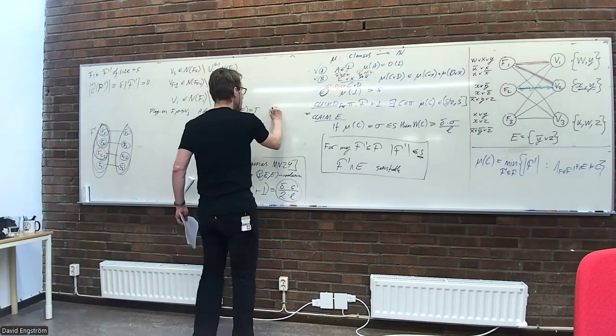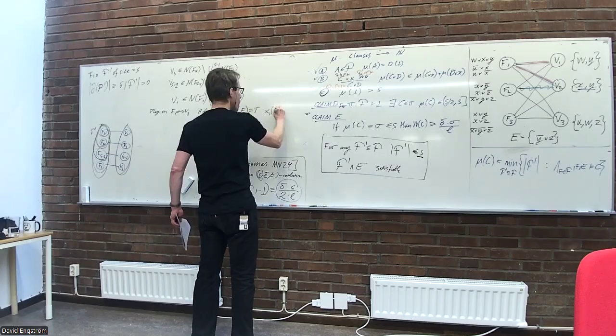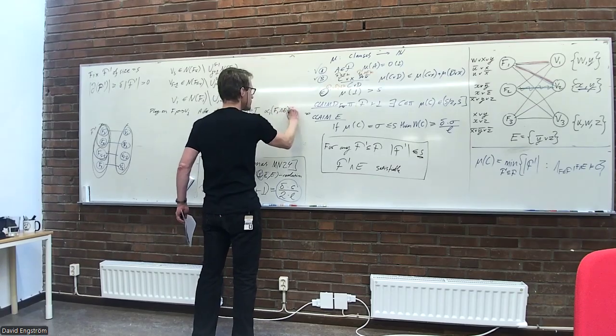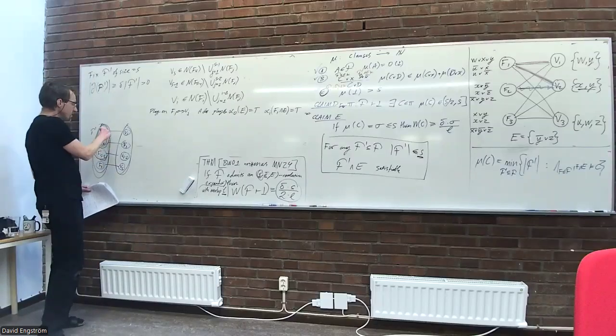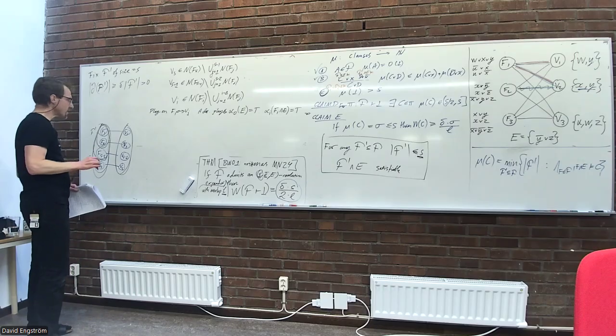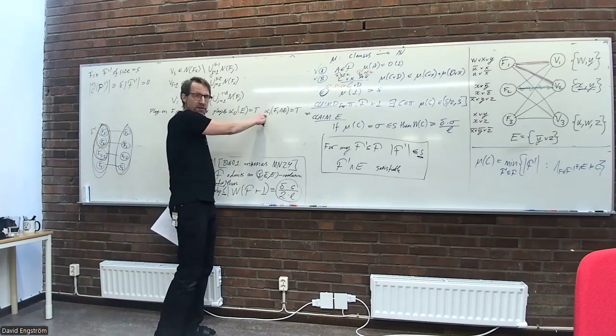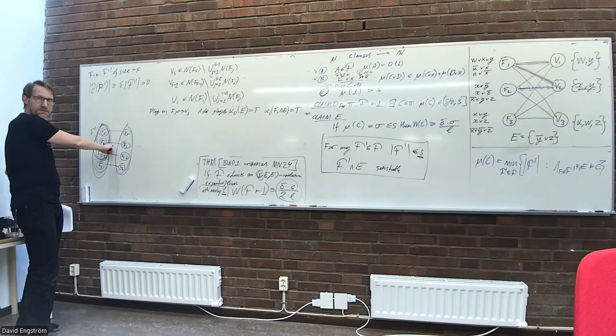So we get alpha 1 such that F1 and E is satisfied, because we win the edge game on this edge. Excellent.